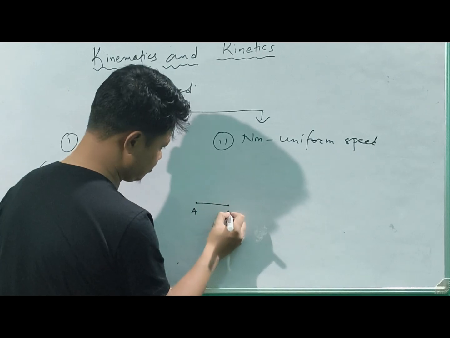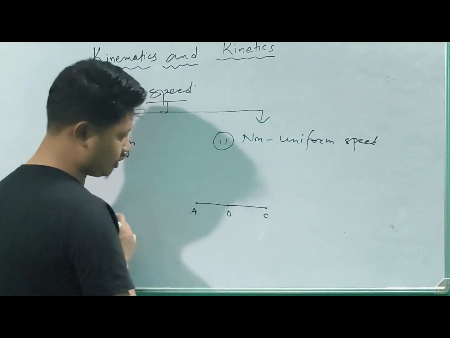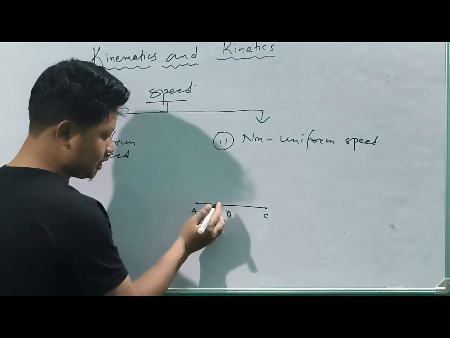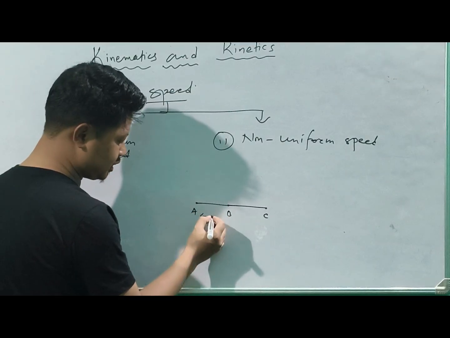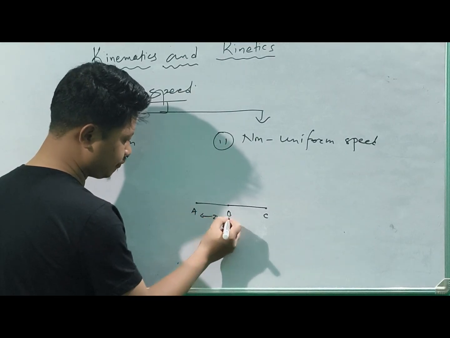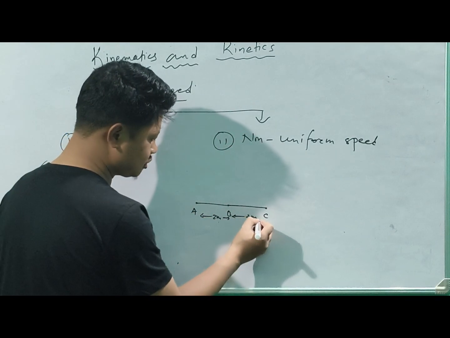A, B, C. I have considered 3 points. The distance from A to B, let us say it is 2 meter, and from B to C it is also 2 meter.